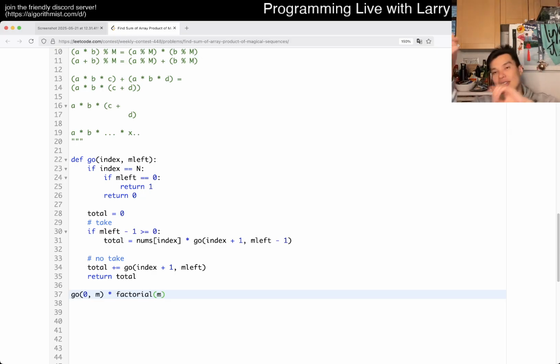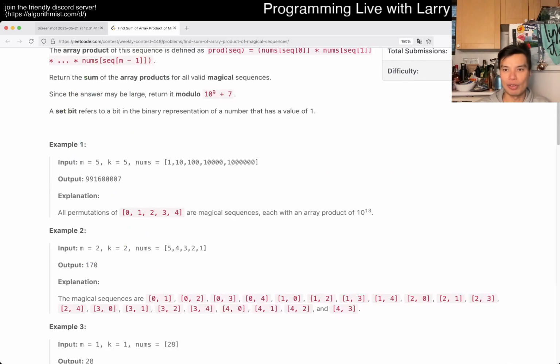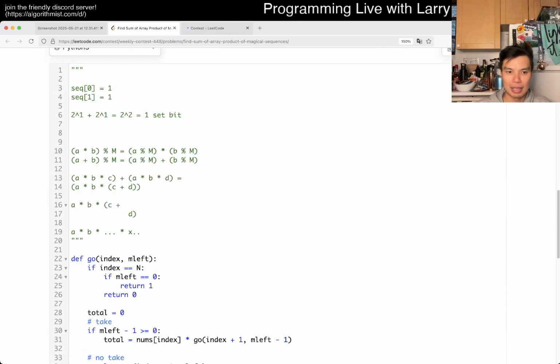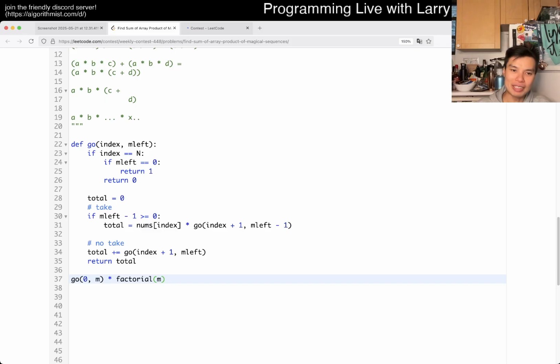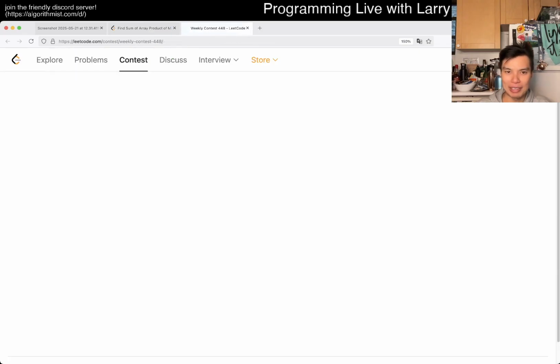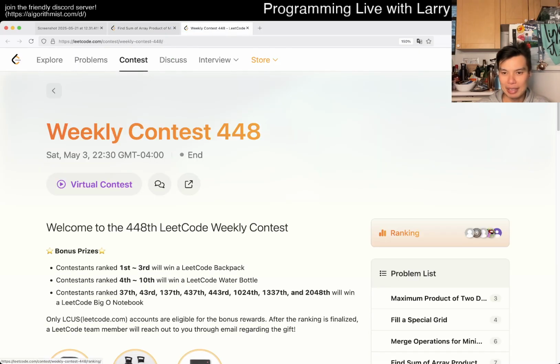Because M factorial gives you the number of permutations, and this will give you the answer for the examples.